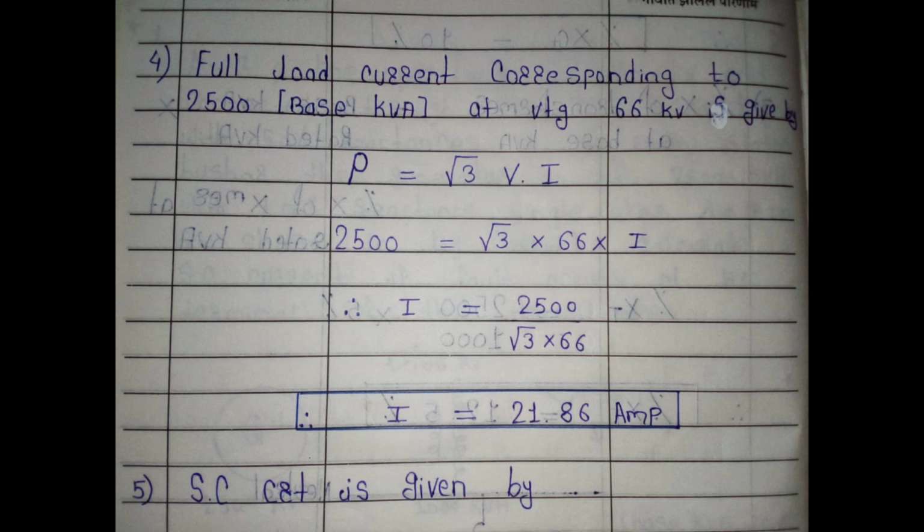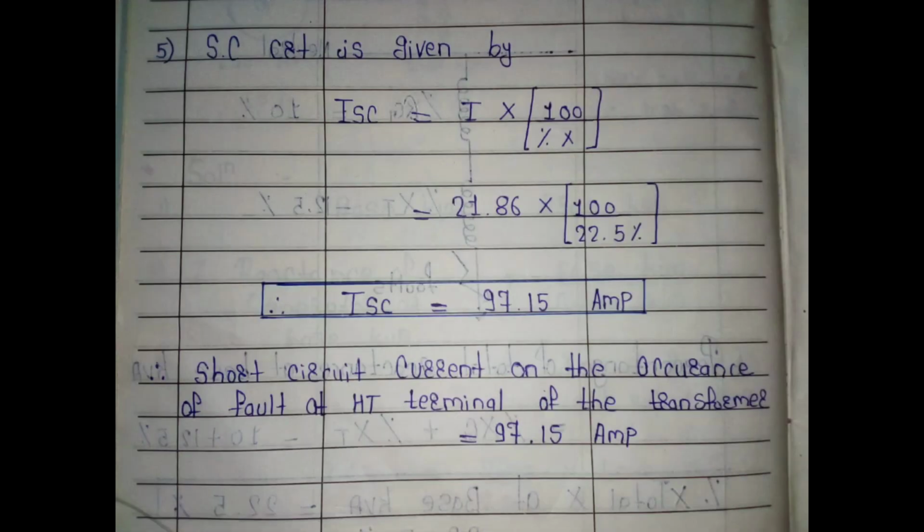The second method is I equal to base kVA multiplied by 1000 divided by root 3 into rated voltage multiplied by 1000. The answer is the same in both methods: I is 21.86 ampere.